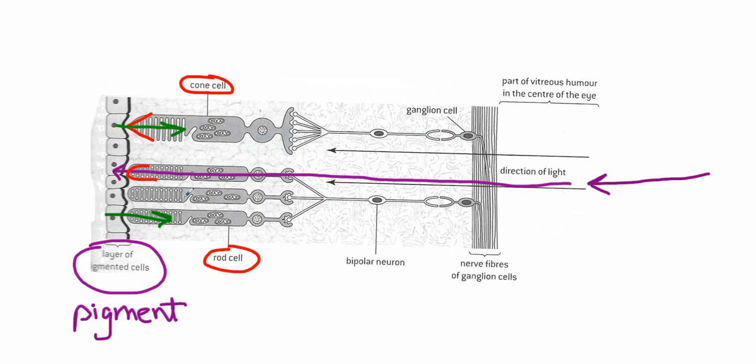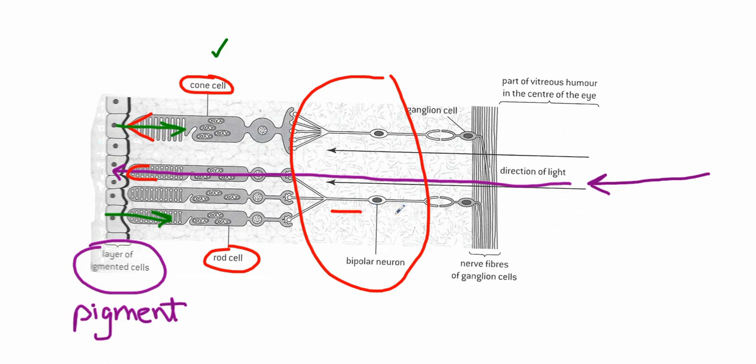The purpose of the rods and cones is to take that light and convert it into a chemical and then an electrical signal. The way they do it is we start off here, and then we go to the next set of cells, which are called bipolar neurons. The reason they're called bipolar is that here is the nucleus, and they've got two little pieces like that.